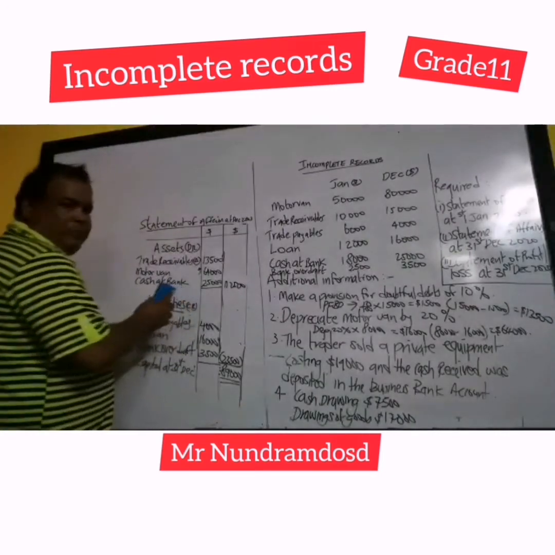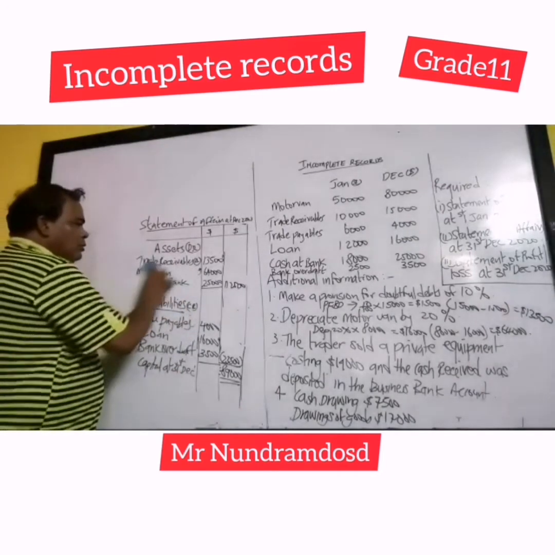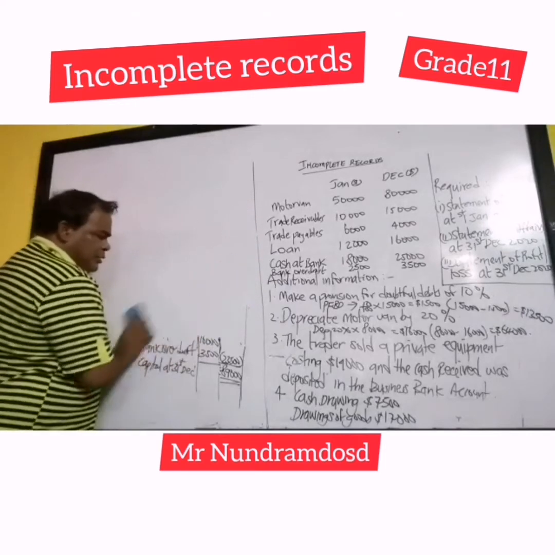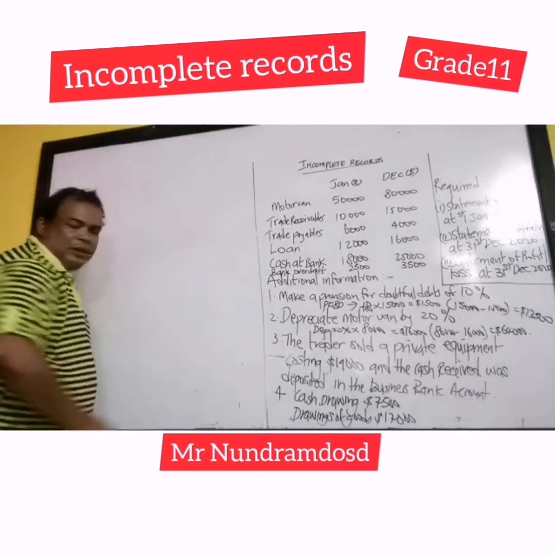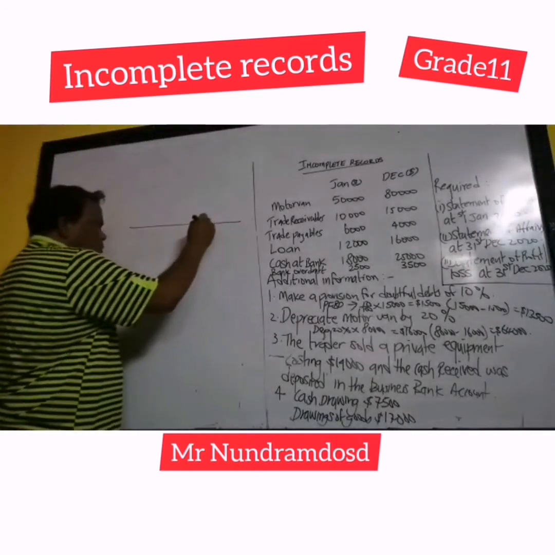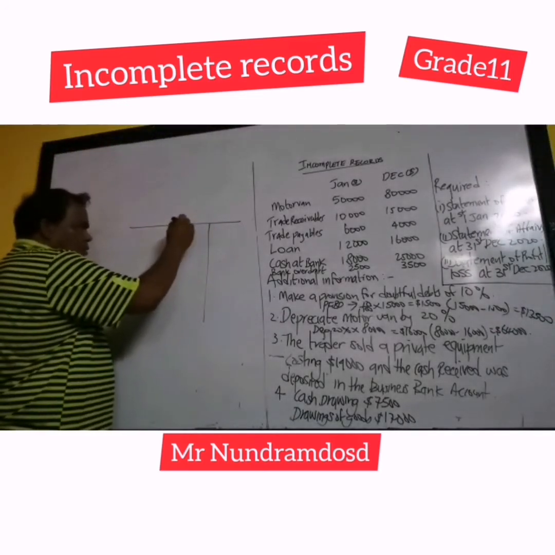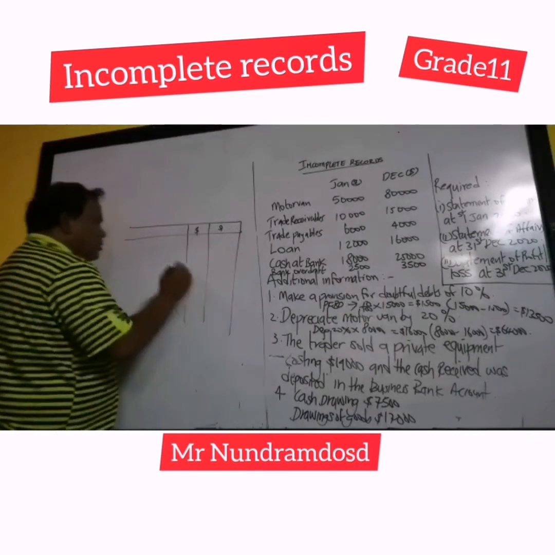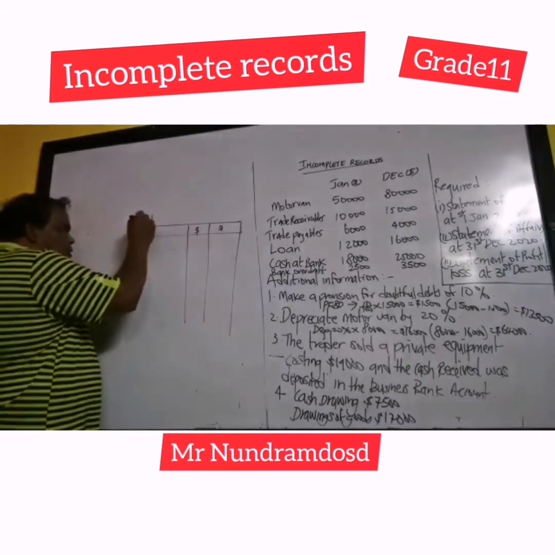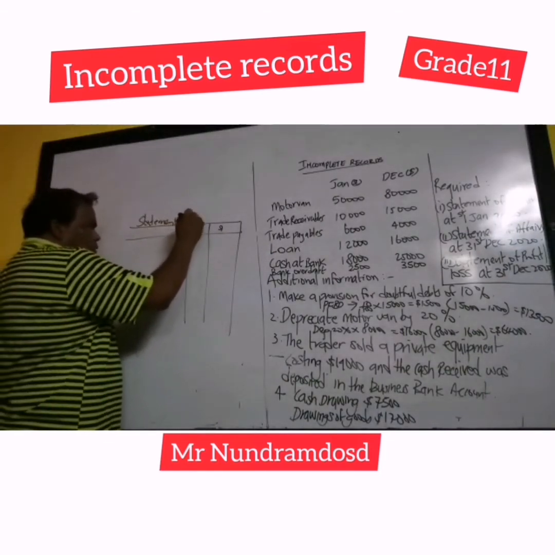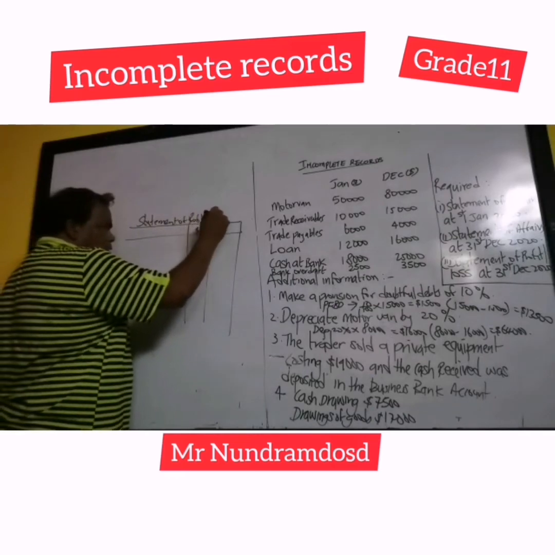How to prepare a statement of profit or loss? You still remember, in a profit and loss statement we have capital at end, less capital at start. We have this one, 2 columns. Here we will have a statement of profit or loss.